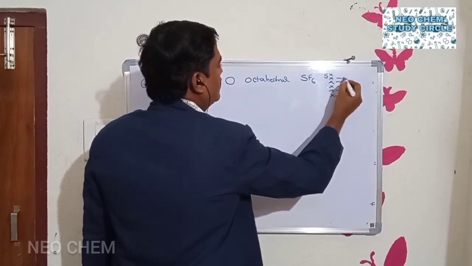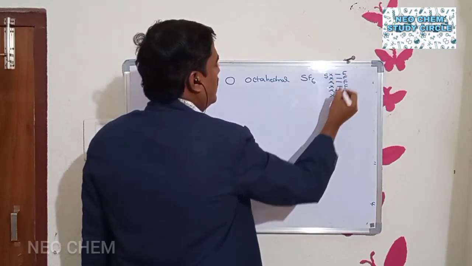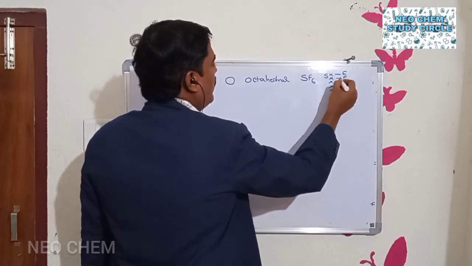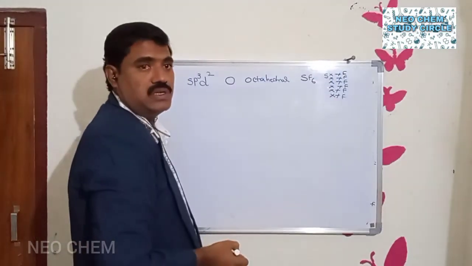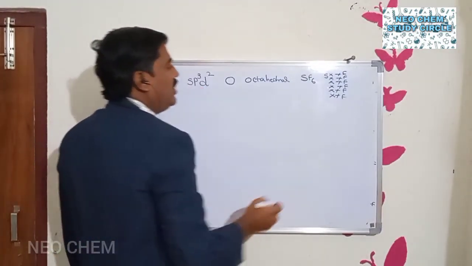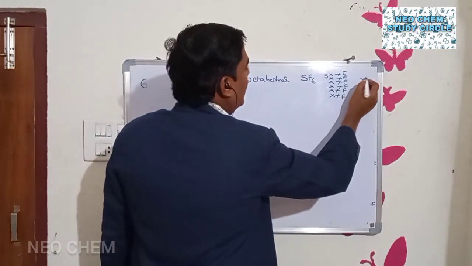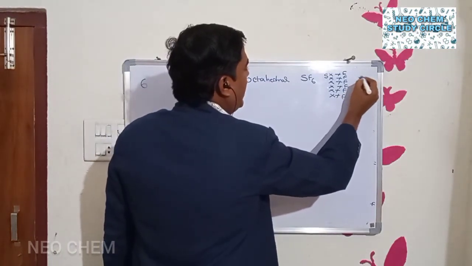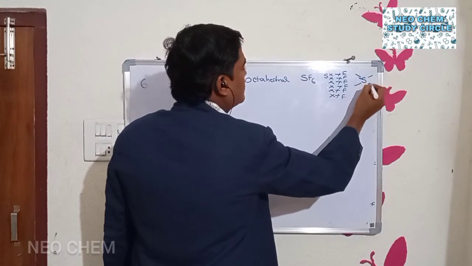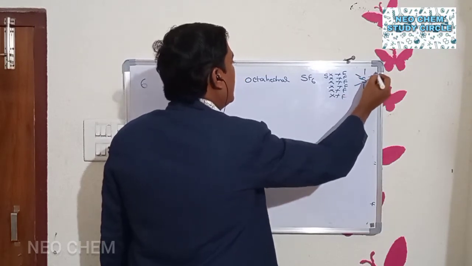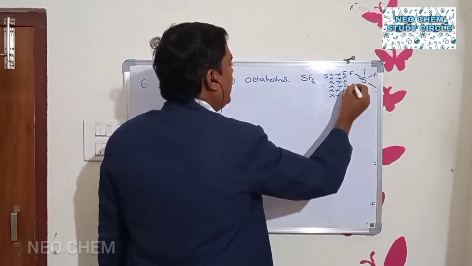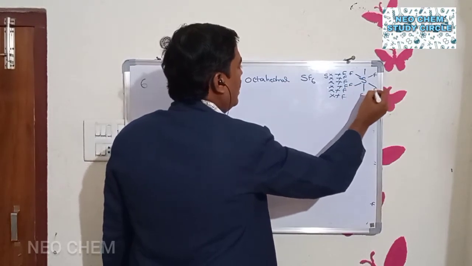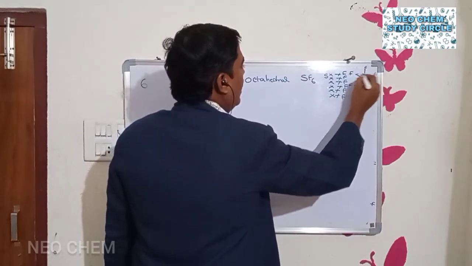So there are 6 fluoro groups: 1, 2, 3, 4, 5, 6. So the hybridization is sp3d2. The geometry is like this. This is the octahedral geometry.